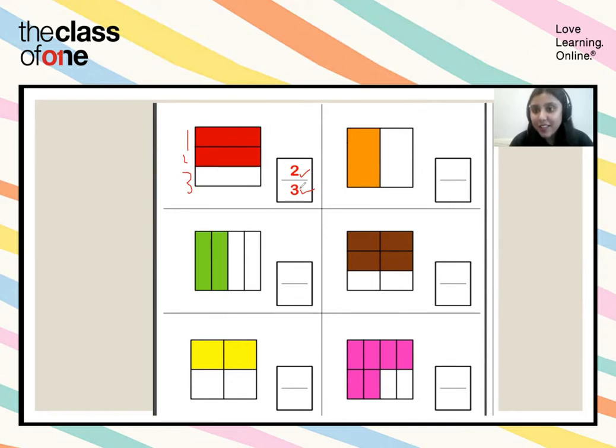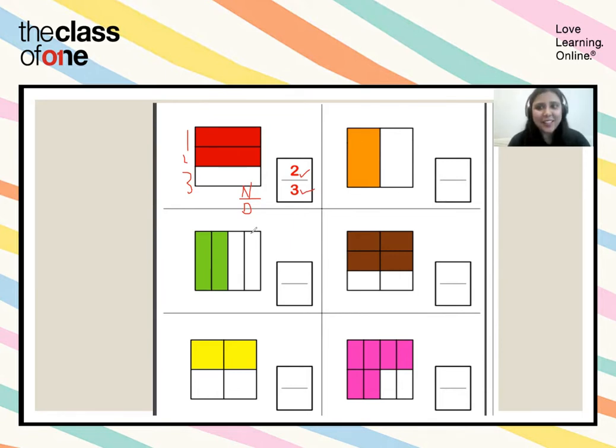Fractions are represented in the form of a top number, which is called the numerator, or we call it n, and the bottom number, which is called the denominator, or we write it as d. So a fraction is represented in the form of numerator over denominator. Numerator represents the shaded or selected parts, and the denominator represents the total parts.